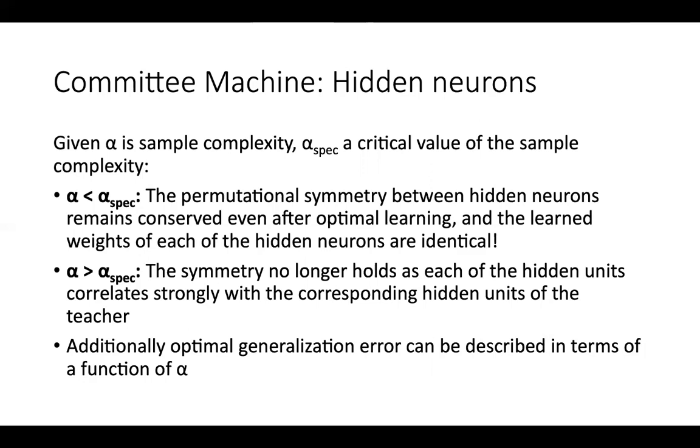But beyond that particular value, the symmetry no longer holds, and the reason for that is that each of the hidden units correlates strongly with the corresponding hidden units of the teacher. Another remarkable thing is that the optimal generalization error can actually be described in terms of the sample complexity.